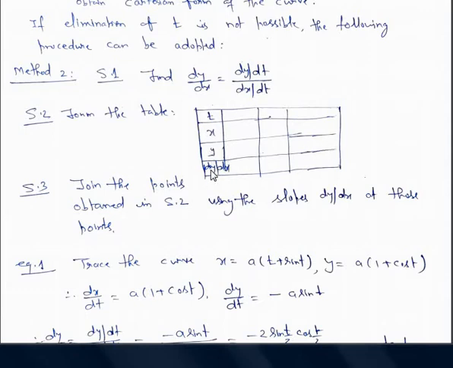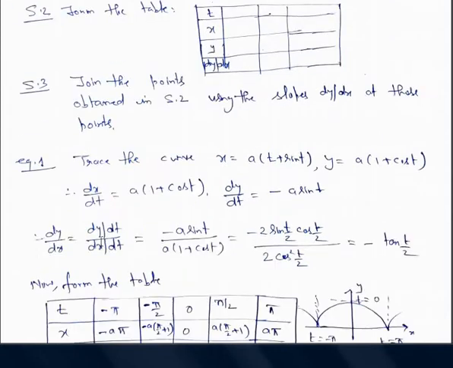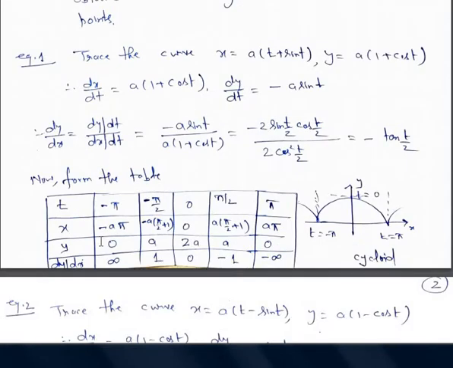And then correspondingly we will find dy by dx at those points, so that we get the slope at those points. And then we join the points obtained in step 2 using the slopes dy by dx at those points. Okay, now let's see a few examples.